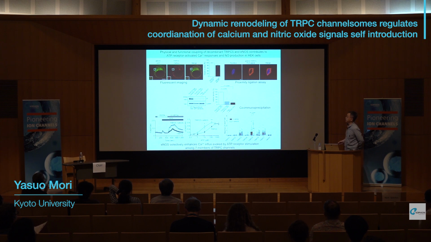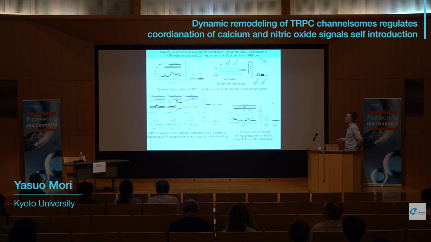And this enhancement of TRPC channel activity was only observed in TRPC5, but not in other TRPC homologs. We can see a little bit of increase in TRPC4 expressing cells, but since the activity of TRPC4 in our system was so low, we were not able to statistically show the effect of eNOS expression on TRPC4.